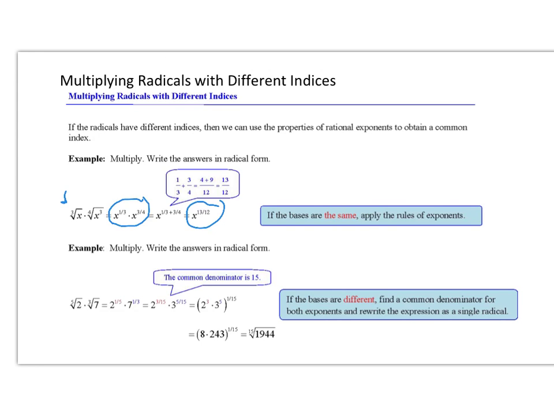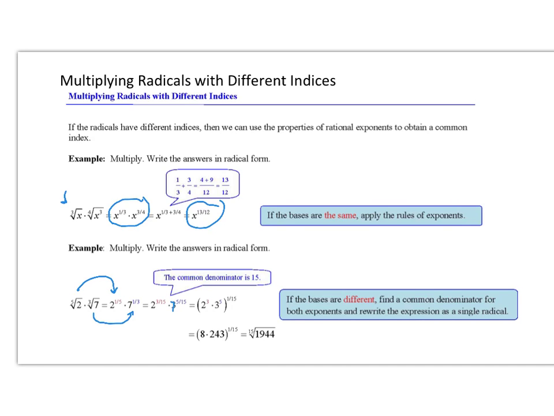So the fifth root of 2 becomes 2 to the 1/5, and the cube root of 7 becomes 7 to the 1/3. This should be a 7 here, actually.